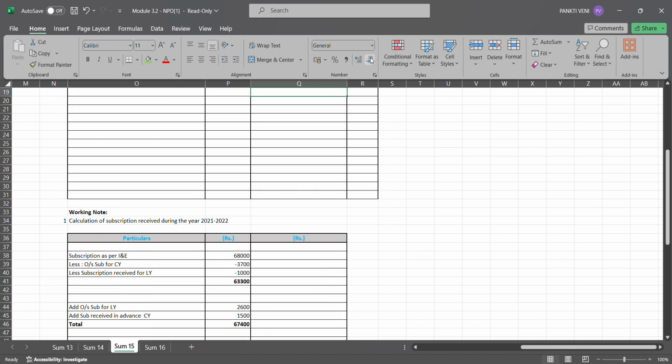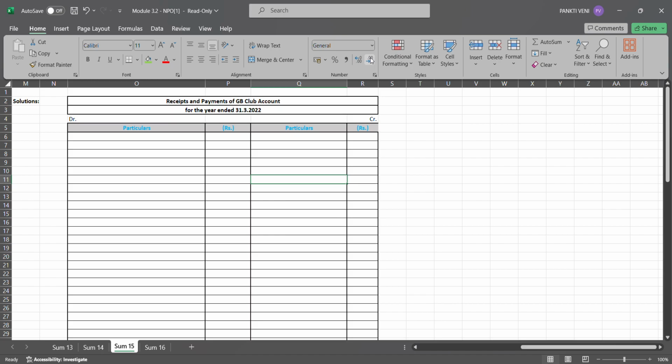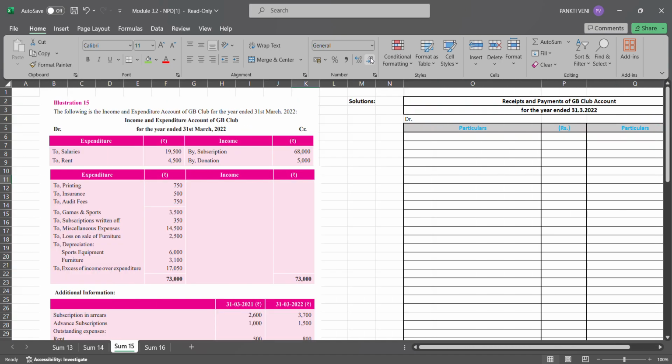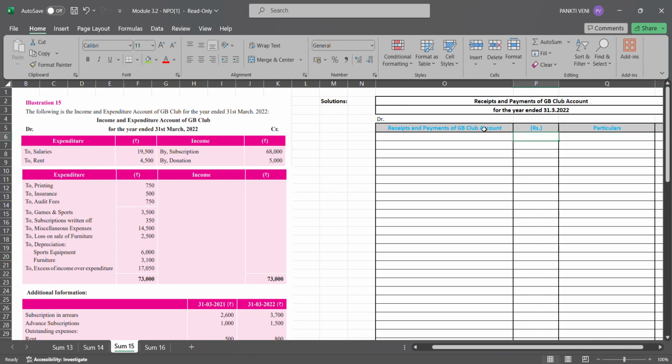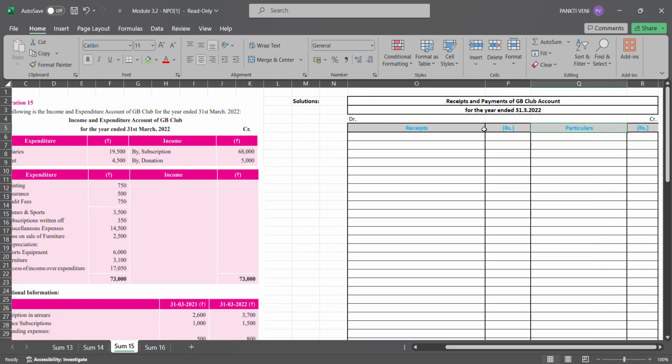So now my step is nothing but I just have to post in my receipts and payment account. From income and expenditure and from my working notes I'm supposed to post. So first one is subscription. This is my receipts, right? So I'll take receipts here and I'll take payments here. I just have to post.